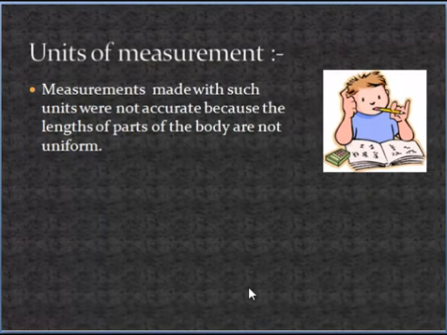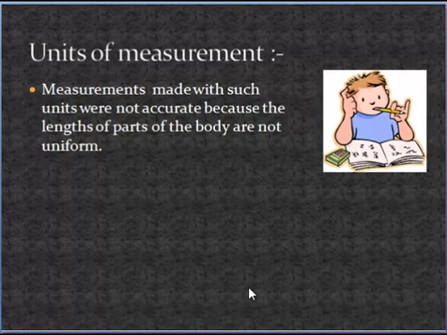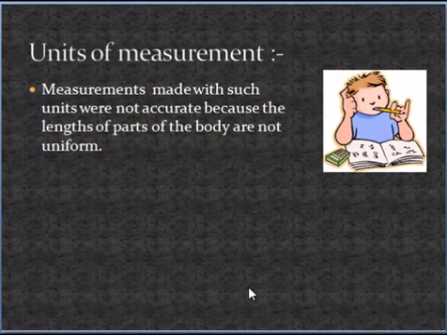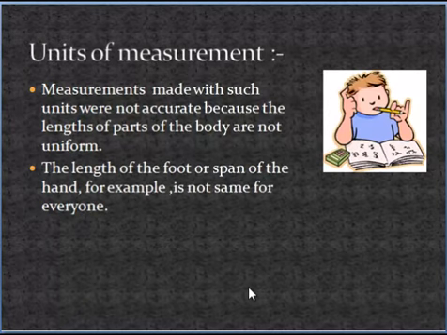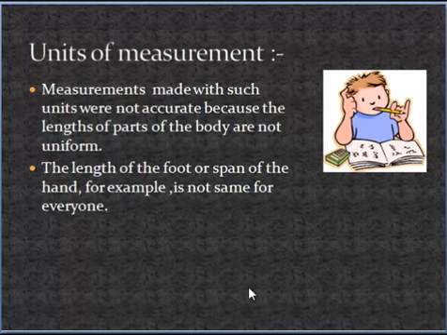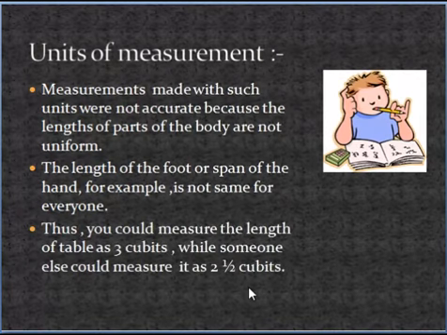Measurements made with such units were not accurate. Accurate means perfect, and these were not, because the lengths of parts of the body are not uniform. It's obvious some may have different lengths. The length of the foot or span of the hand, for example, is not the same for everyone.